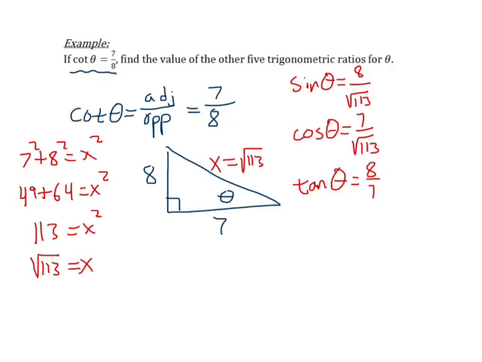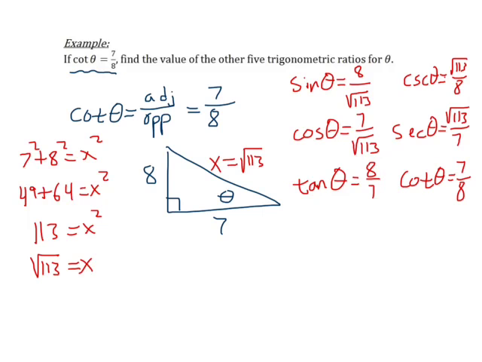Well, that's what we expect. Then our reciprocals: cosecant of theta is square root of 113 over 8, the secant of theta is square root of 113 over 7, and the cotangent, which we already know, 7/8. And there's our 6 ratios.